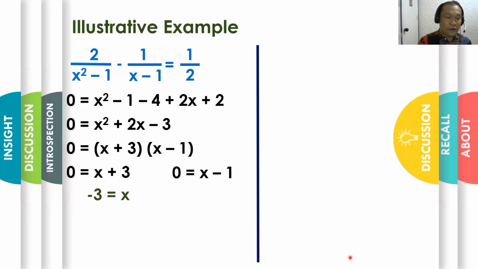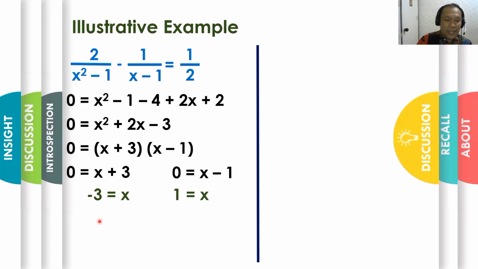That is our first value of the variable x. Next, transpose negative 1 to the left side, making it positive 1. Therefore, another value of the variable x. Thus, we have negative 3 and positive 1.